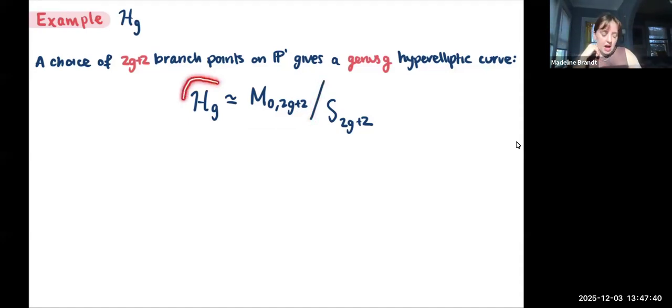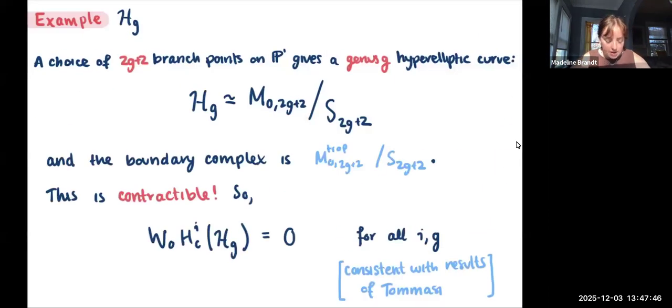That is what the moduli space HG looks like. If you compactify this and look at the boundary complex, it is exactly M0,2G+2 trop modded out by S_{2G+2}, which is actually a contractible space.